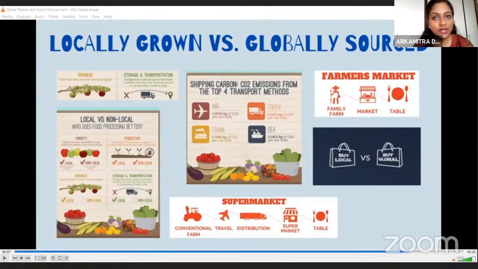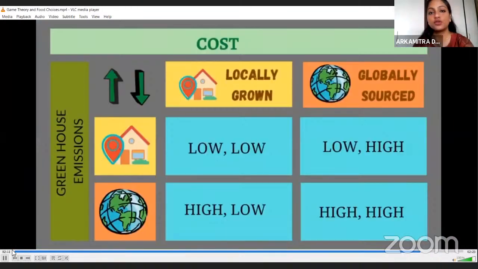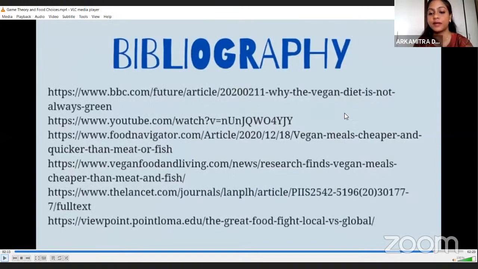It means more tax revenue for the local governments, more investment also on the local front. And so it may help all and everything local. And if we look at the payoff matrix for locally grown versus globally sourced, then that also looks very, very similar. The explanation is also the same.